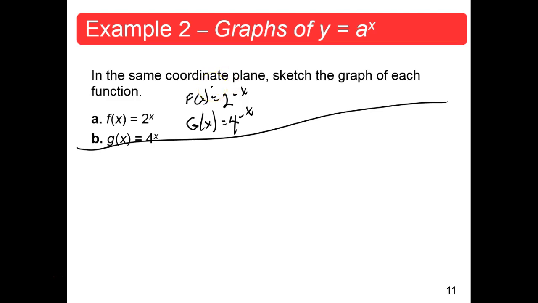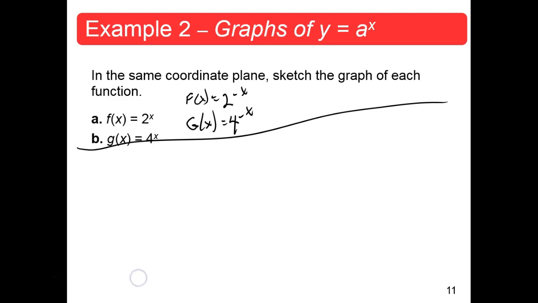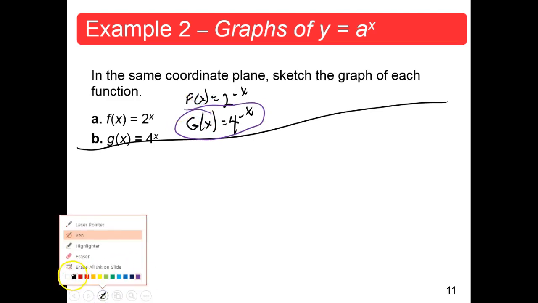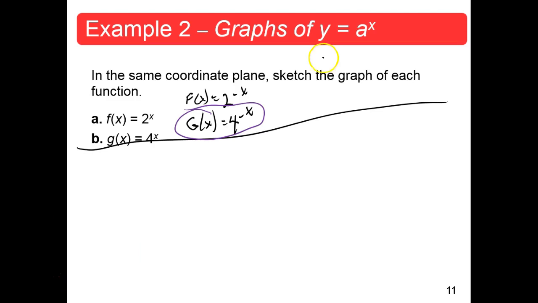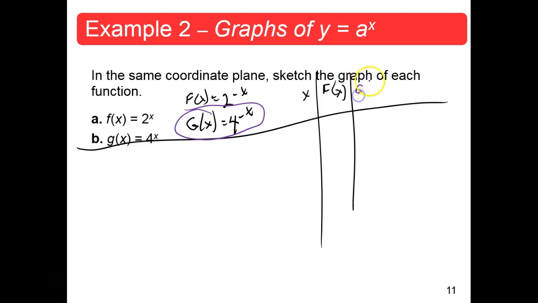I should have done different colors, shouldn't I? What color do you want G to be? Purple. All right, so G is going to be the purple one. So let me go back to black, okay, and let's set up a table. We'll do x's, we'll do f of x's, and we'll do purple G of x's, okay?